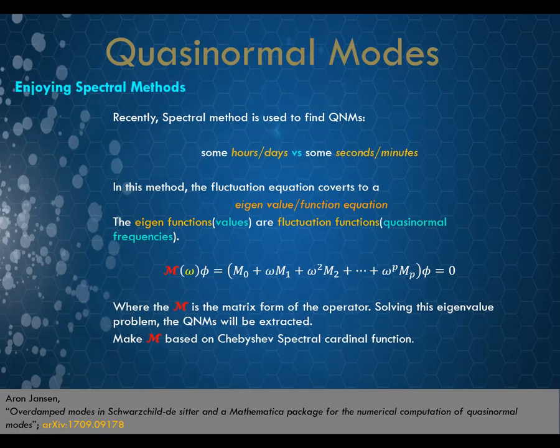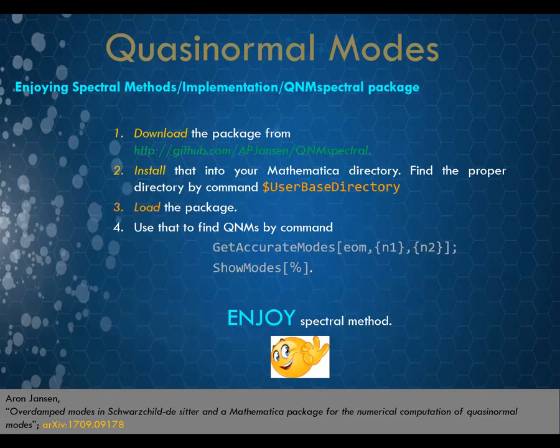If you use this package, it does these processes automatically, and it is sufficient to download it from this URL, install it in the proper directory on your computer, load it, and use the commands to find the quasi-normal frequencies.